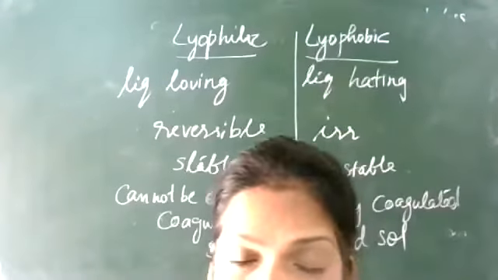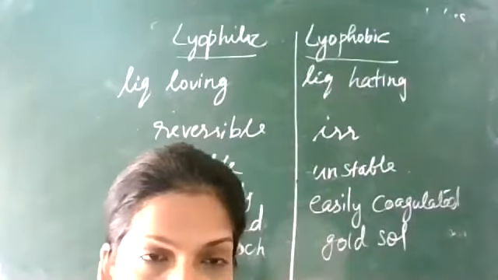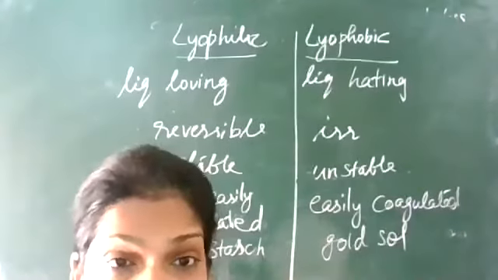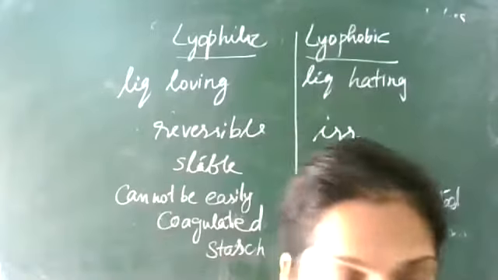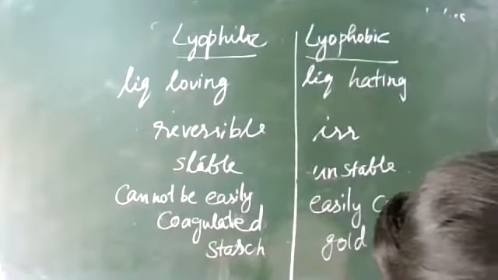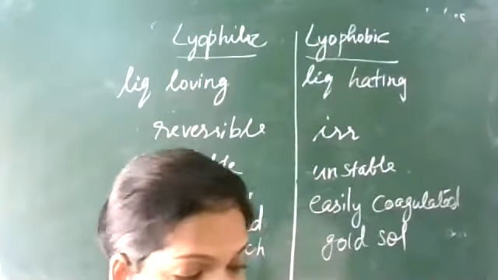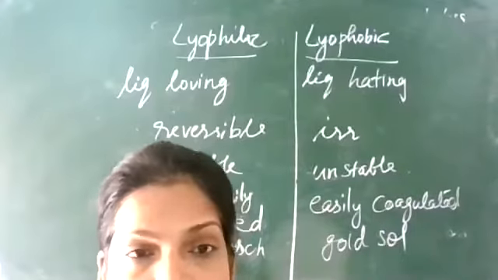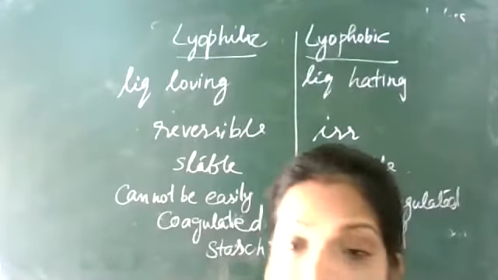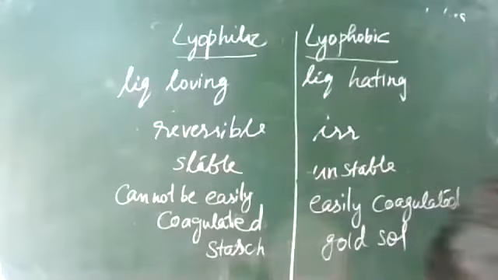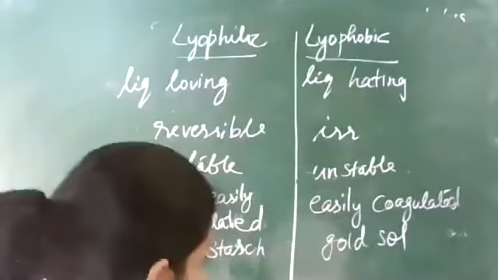So by simply mixing the dispersed phase and dispersion medium and shaking it well, you can prepare lyophilic colloids. The preparation of lyophilic colloids is easy and they are stable also. Next, based on the type of the particles, colloids are again classified into three categories: multimolecular colloids, macromolecular colloids, and associated colloids.